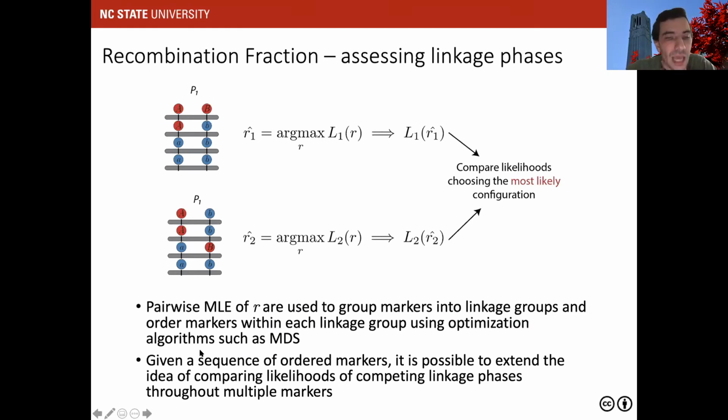And if you have these recombination frequencies between all pairs of markers, so meaning pairwise in your linkage group, or in your genome, you can assemble linkage groups using clusterization methods, and then you can convert this to distances. You can use algorithms to order, and I'm pretty sure Peter and I will explain some of these algorithms.